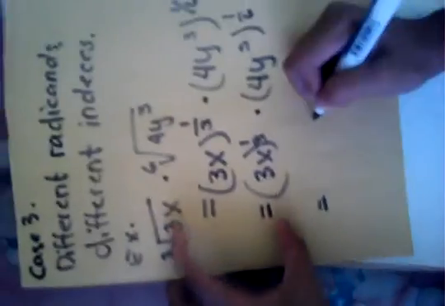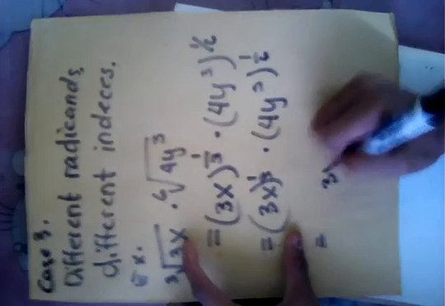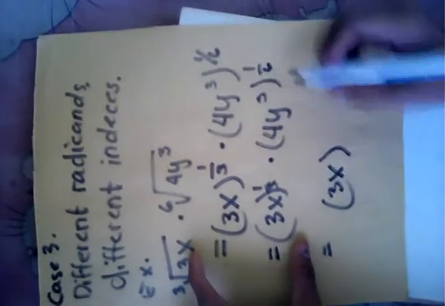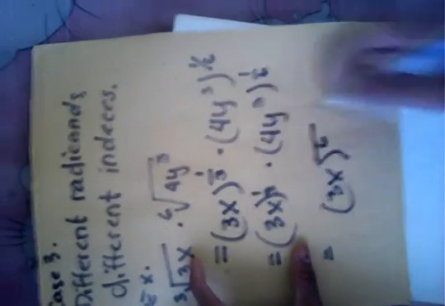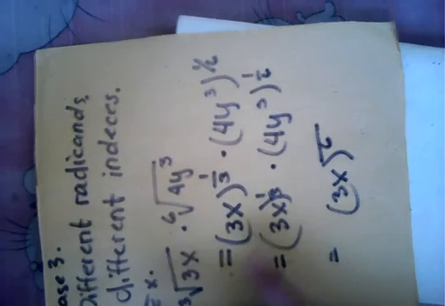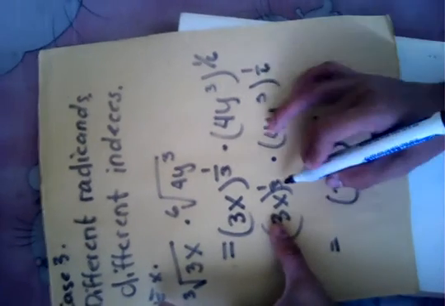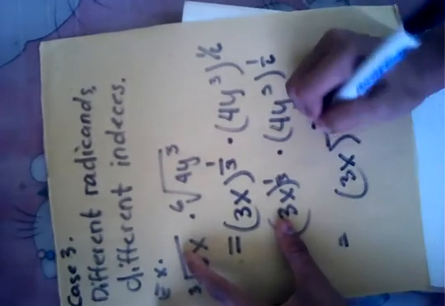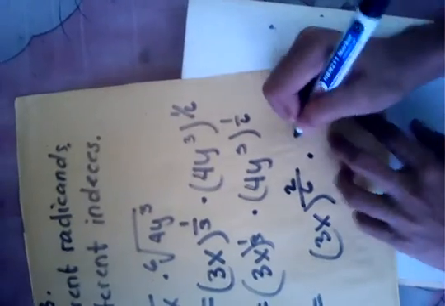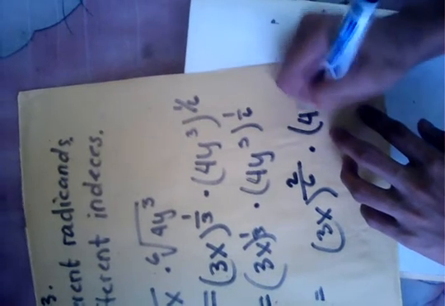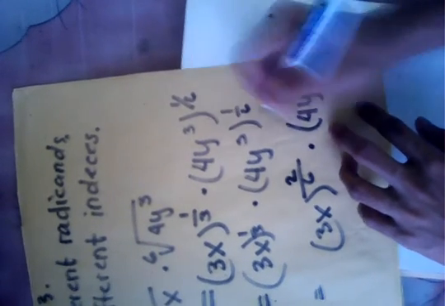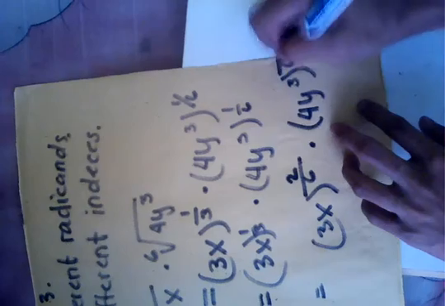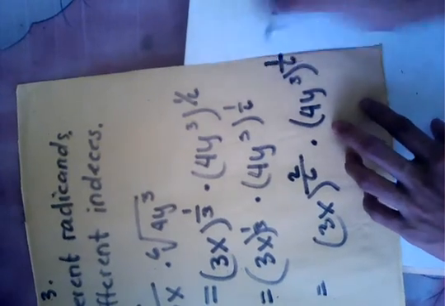Their LCD is 6. So we have 3x. When we have 6 as the LCM or LCD, we have 6 divided by 3, which is 2. 2 times 1 is 2. Then we also have 4y cubed. So 6 divided by 6 is simply 1. So 1 times 1 equals 1.